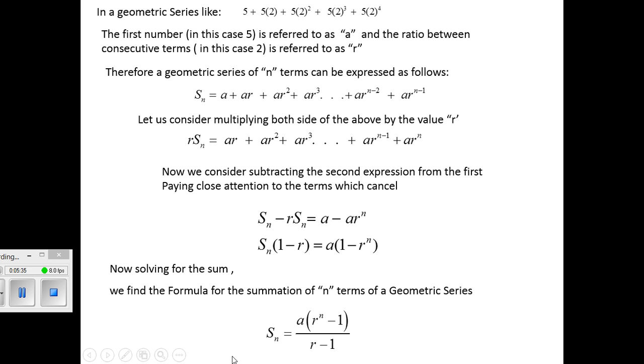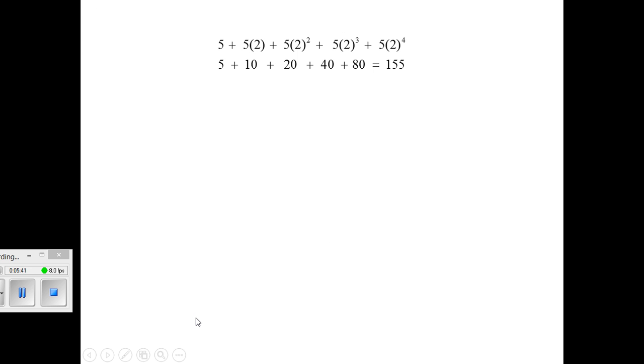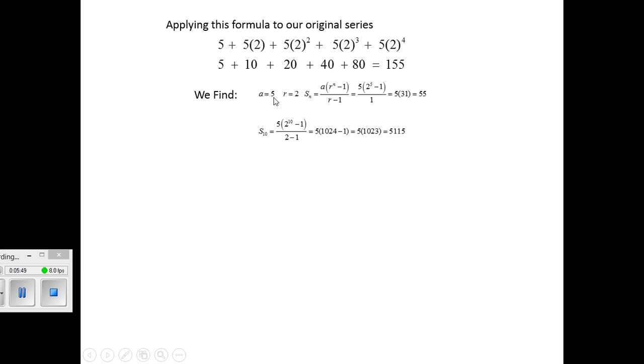Okay, now we'll put that to the test with this series that we've been looking at previously, which we found summed up to 155. Okay, here it is again. The summation is 155. And now we're going to apply our formula, identifying a, identifying r, and putting them into the form here.